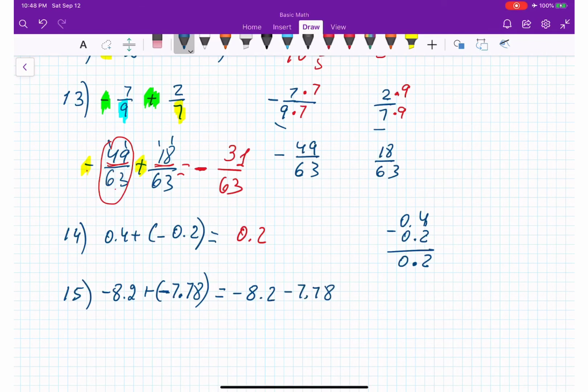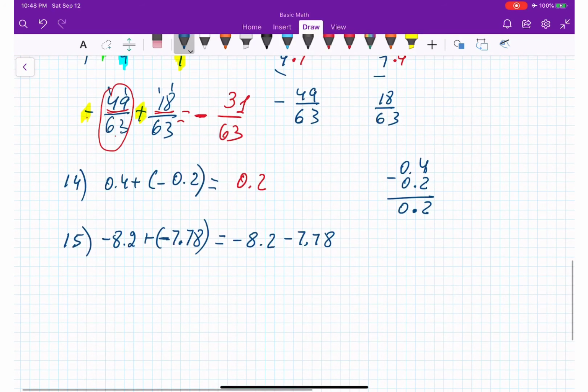This one is also subtraction of decimal notations. I will refer to the video where I go into details, but in this case I'll just show how to subtract this one, or add actually. Since both numbers are negative, signs are the same, therefore we are going to add.